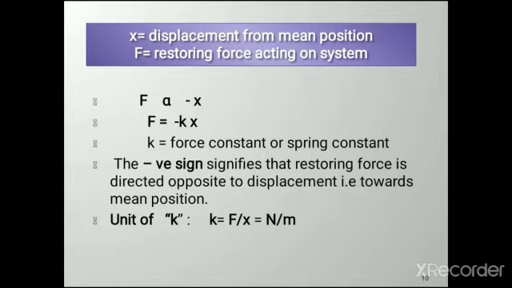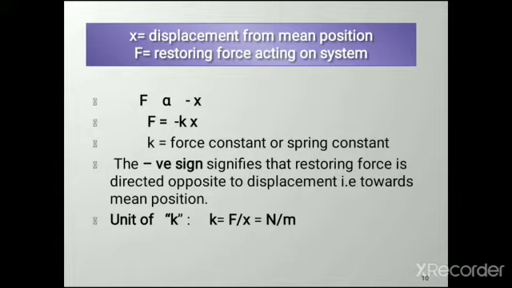Here x is the displacement from the mean position and F is the restoring force acting on the system. Restoring force is directly proportional to minus x by the definition of linear simple harmonic motion. Therefore, let us remove the proportionality sign by adding a constant.